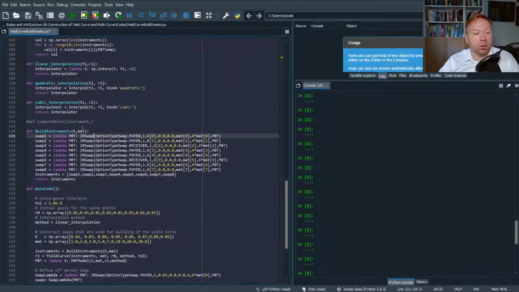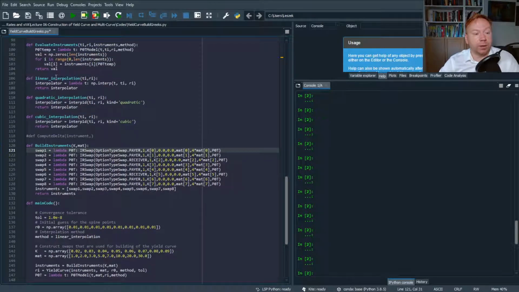Here we have also made an extension. Before we had only linear interpolation. Now we also have cubic and quadratic interpolation. Those are Python functions that you can just import from the interpolation library. The functionality is exactly the same.